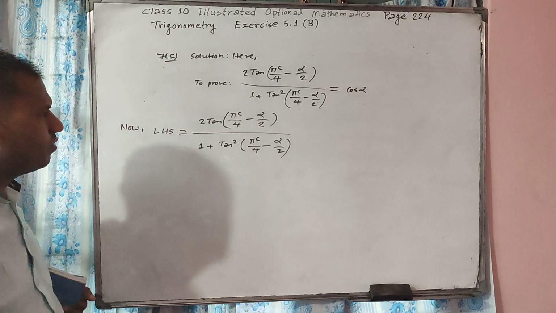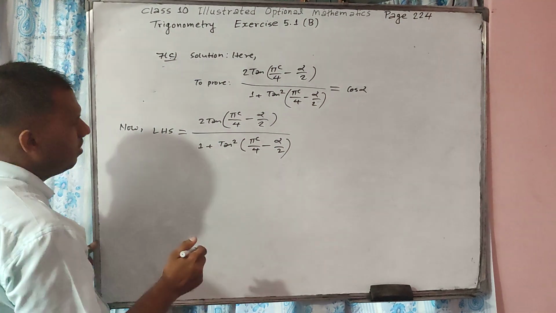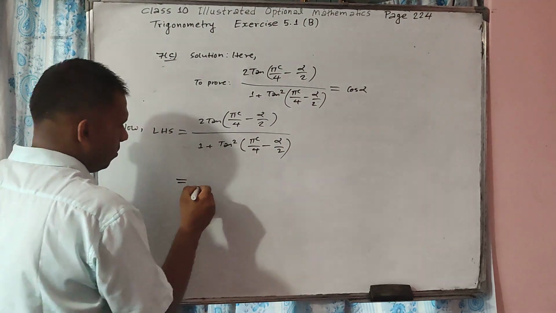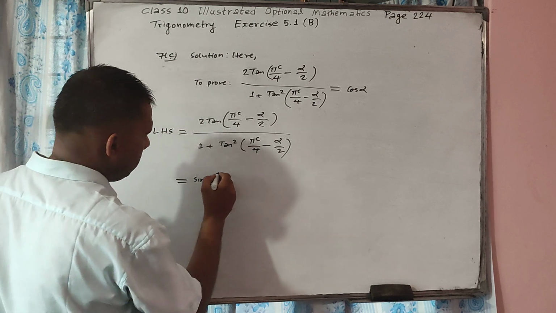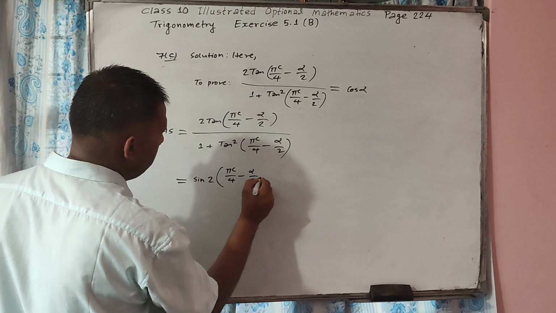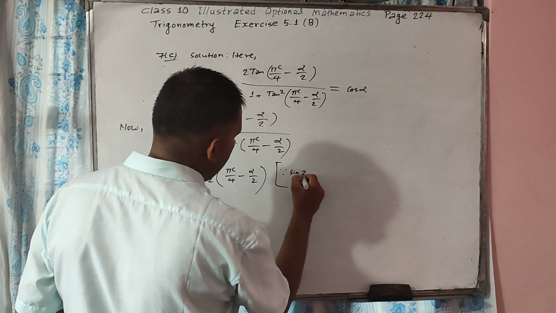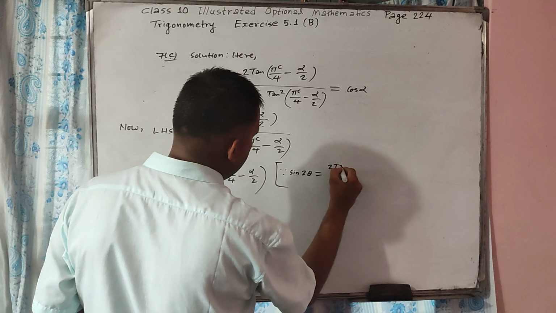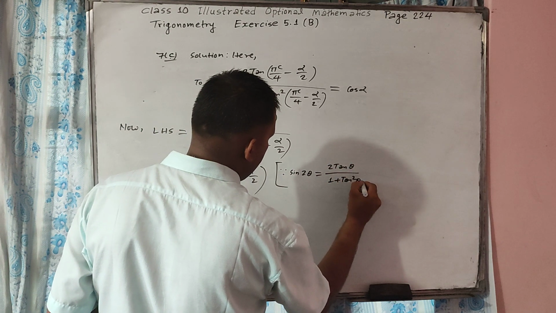Since this is the form of 2 tan theta upon 1 plus tan square theta, this is the form of sin 2 theta. So sin 2 (pi divided by 4 minus alpha by 2), because sin 2 theta equal to 2 tan theta upon 1 plus tan square theta.